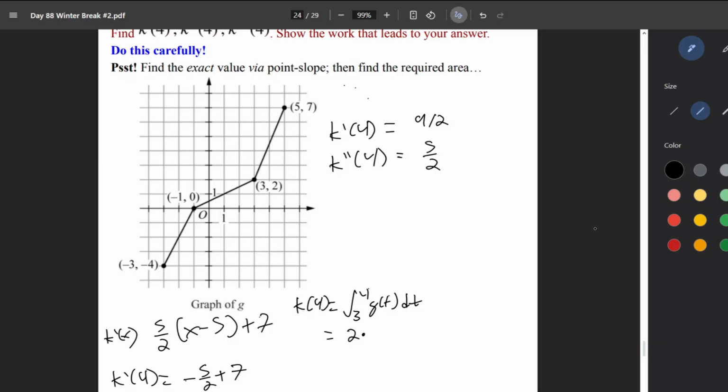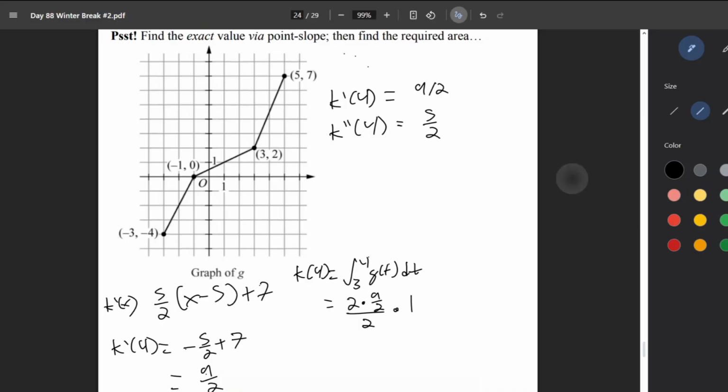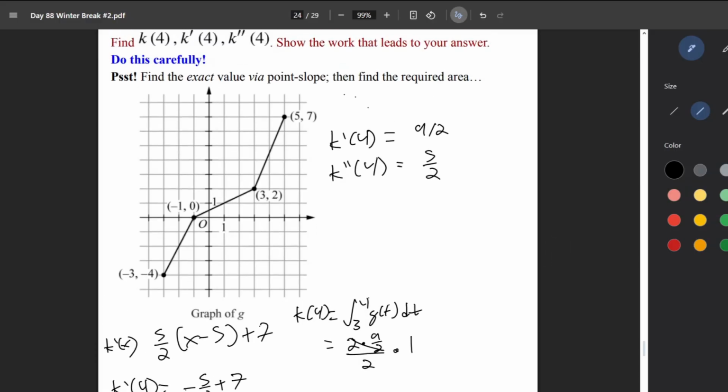You know, the height is 9 over 2 over 2, I believe, times 1. So these cancel, 9 over 2 times 1, the area would just be 9 over 2. I believe someone should check me on that.